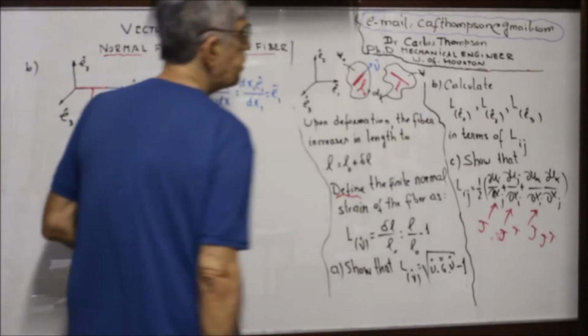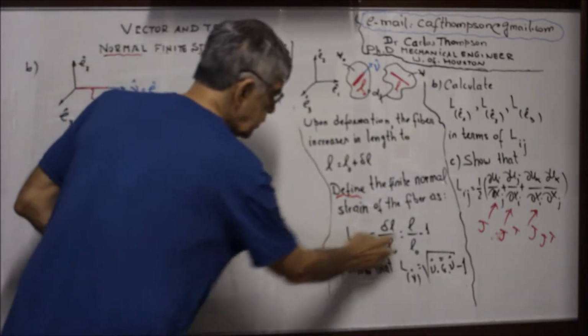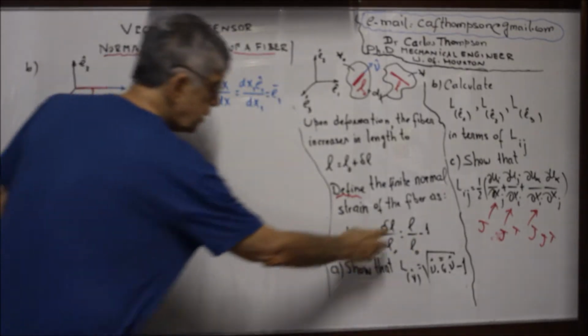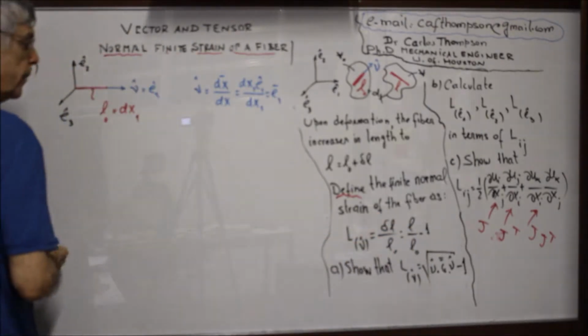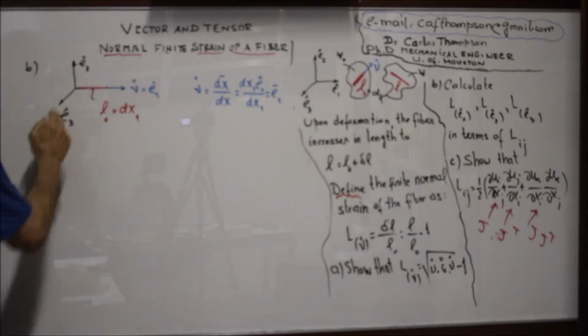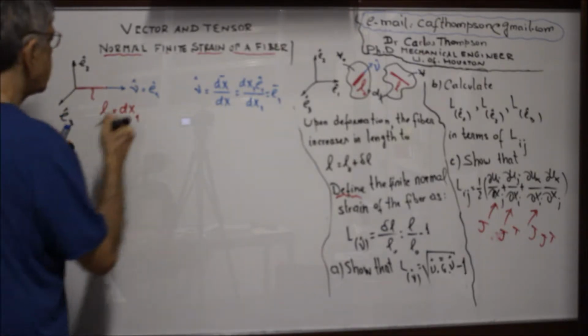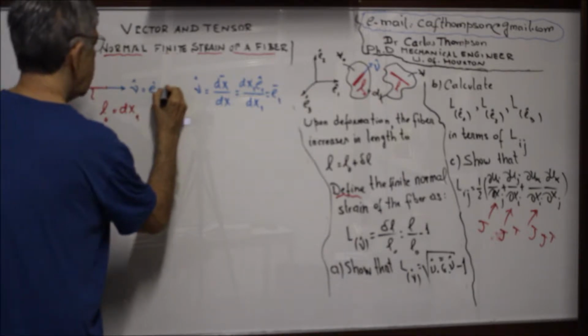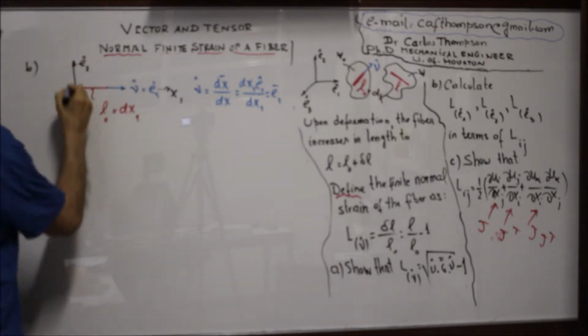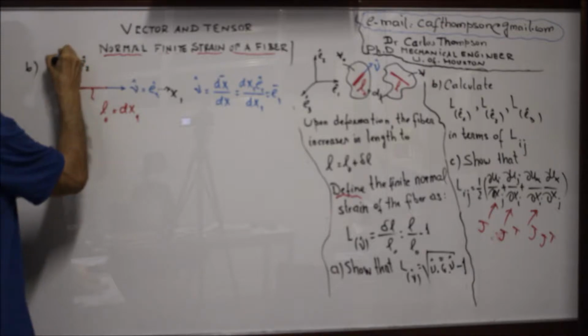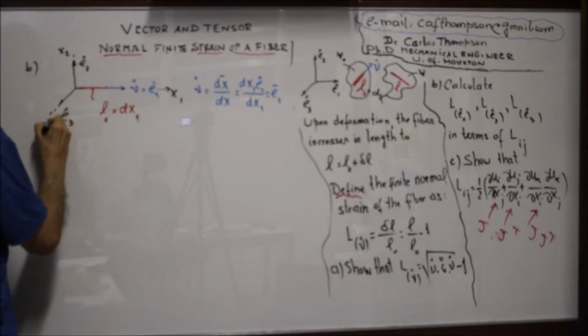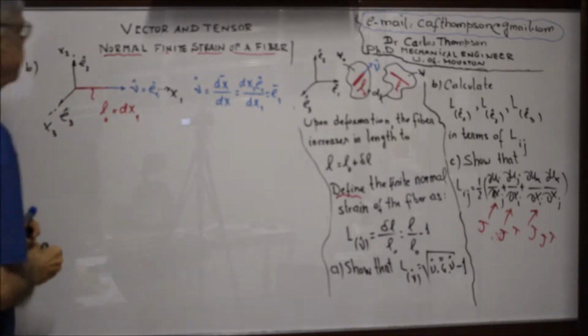This is a particular case of this general formulation. This is the stretch ratio minus 1. Now let's apply here. You see, this is the x1 direction. This is the x2 direction. And this is the x3 direction.